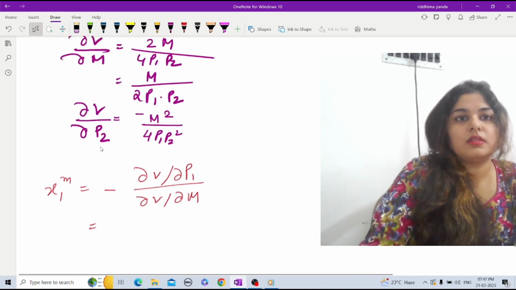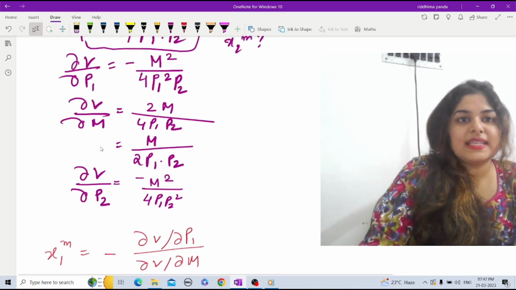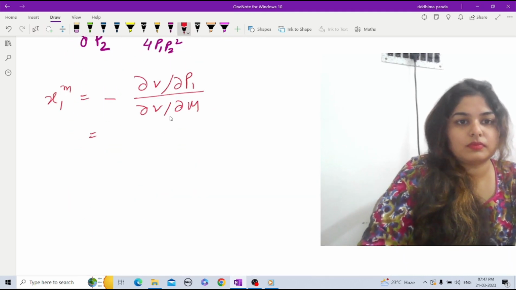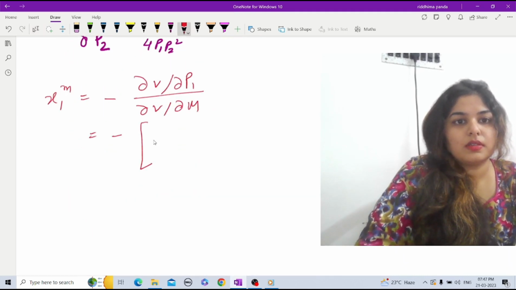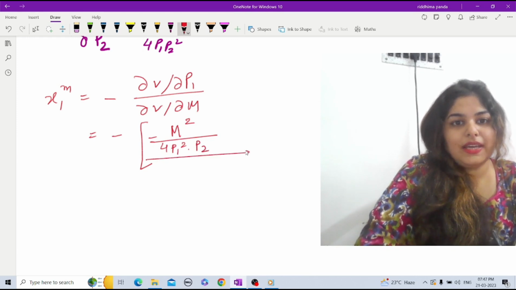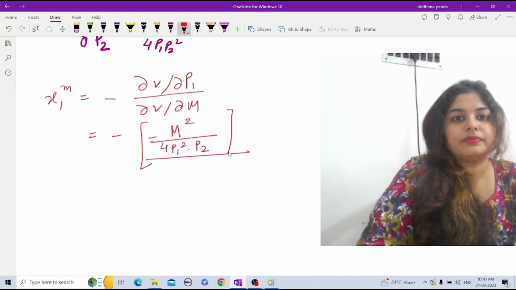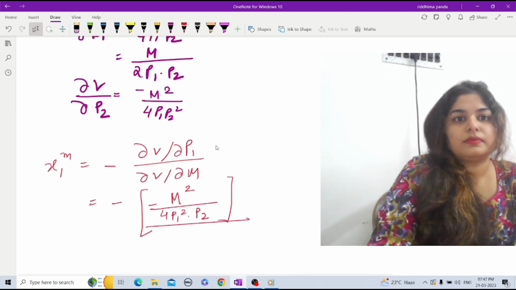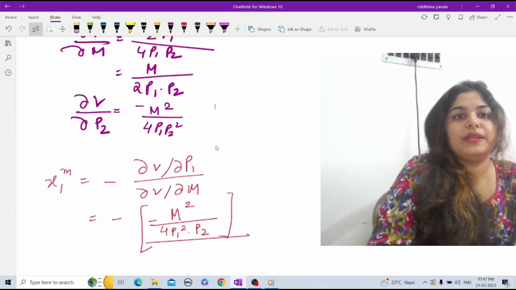It is minus M square by 4 P1 square into P2, divided by M by 2 P1 P2.